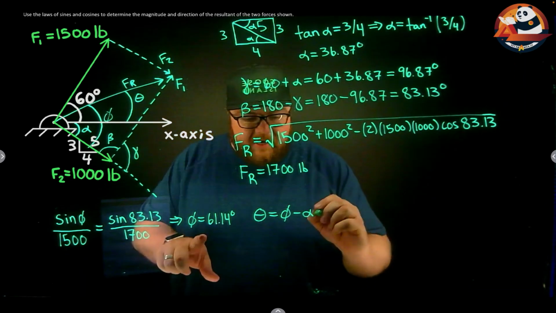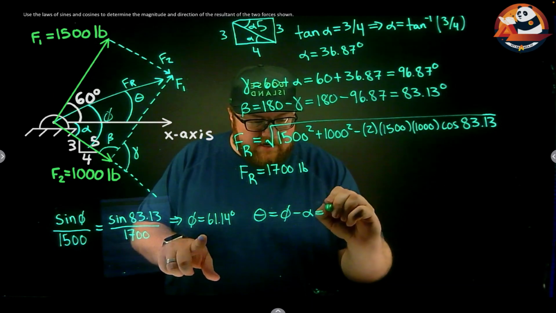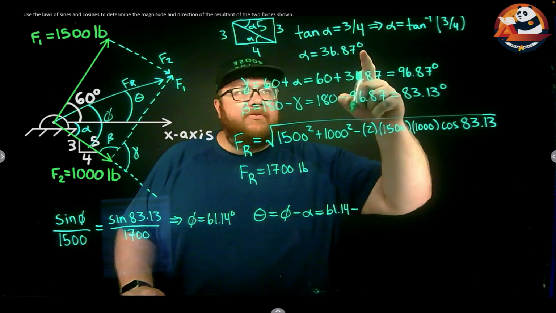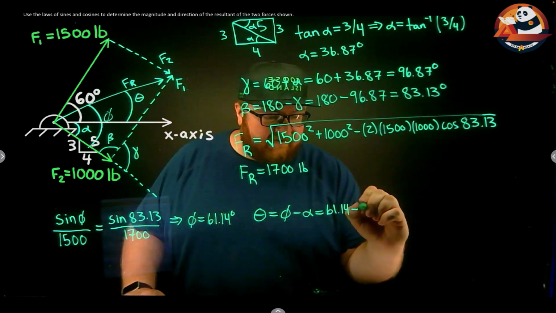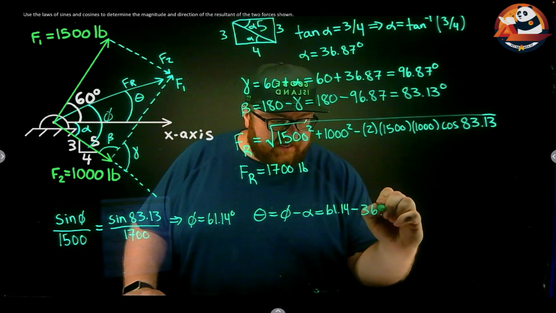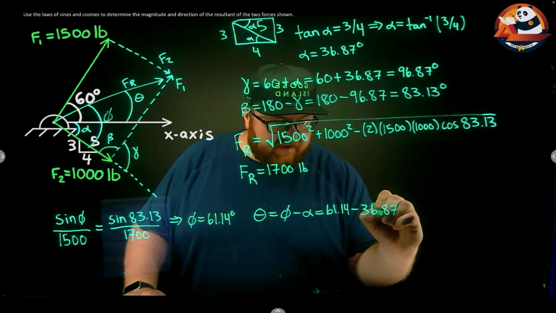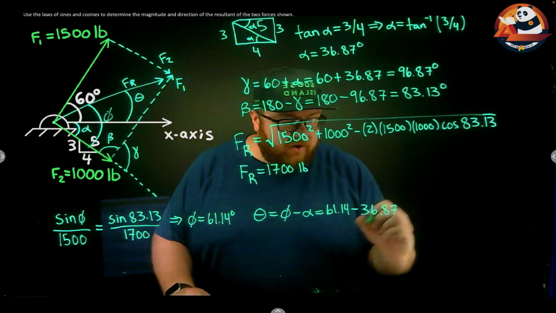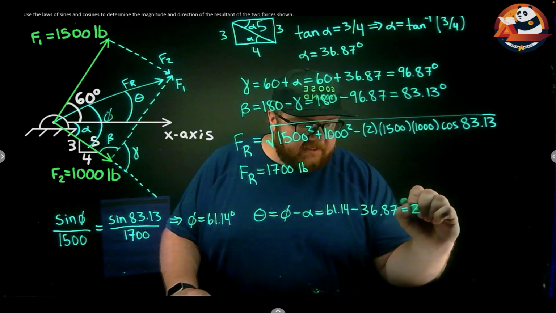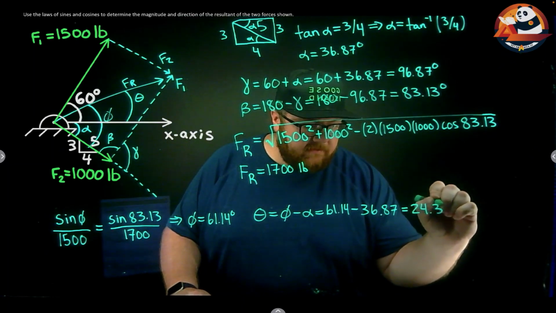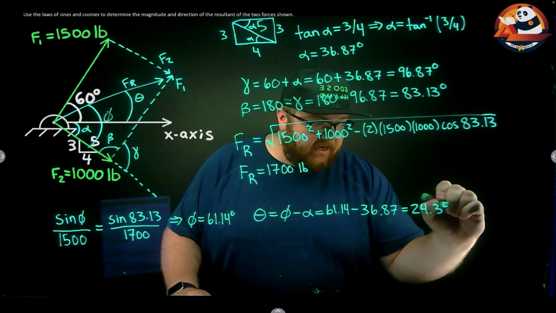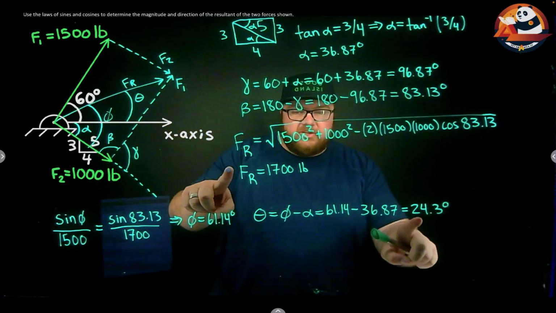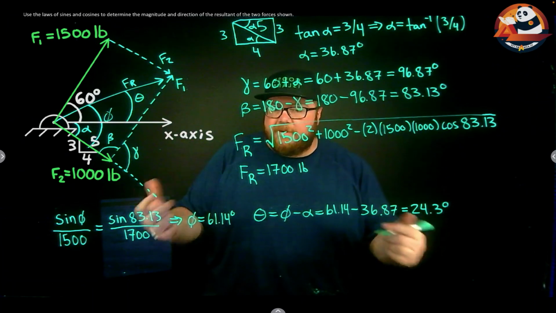Or that is 61.14 minus alpha, 36.87. My angle here, theta, works out to be 24.3 degrees.